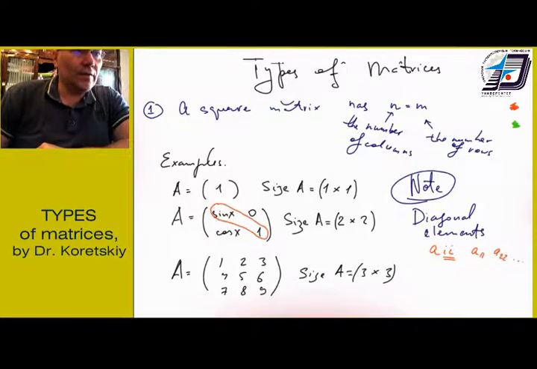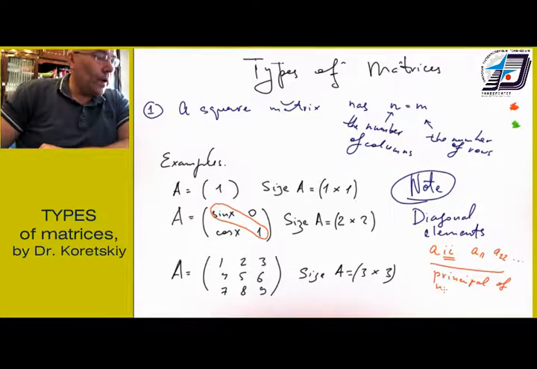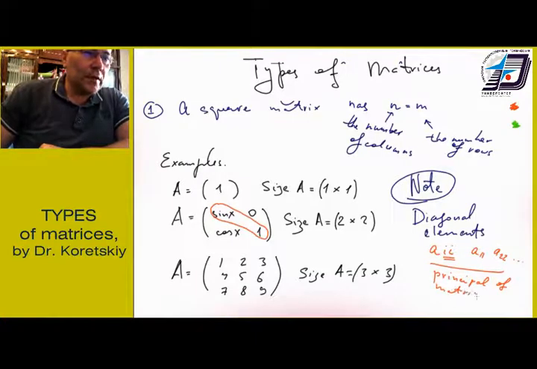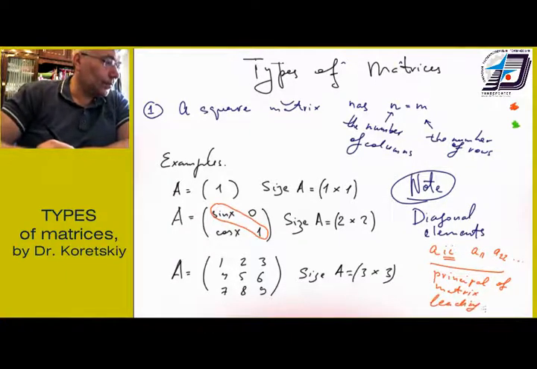We can say that these elements form the principal diagonal of the matrix. Some people call it the leading diagonal or the main diagonal.